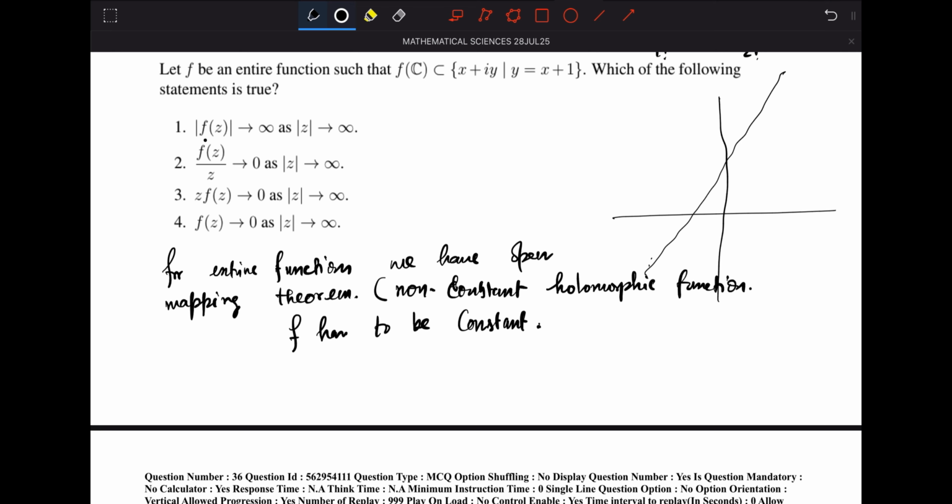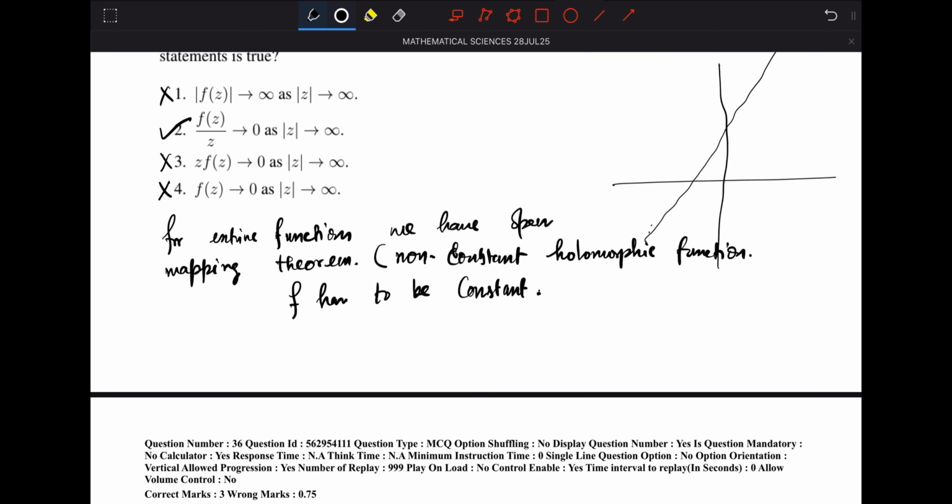So mod of f tends to infinity as z tends to infinity, it is not correct. f(z) by z tends to 0 as mod z tends to infinity is true. z times f(z) tends to 0 as z tends to infinity is not correct. f(z) tends to 0 as z tends to infinity is also not correct. Yeah, so these 3 and 4 can be true when f(z) equals 0.